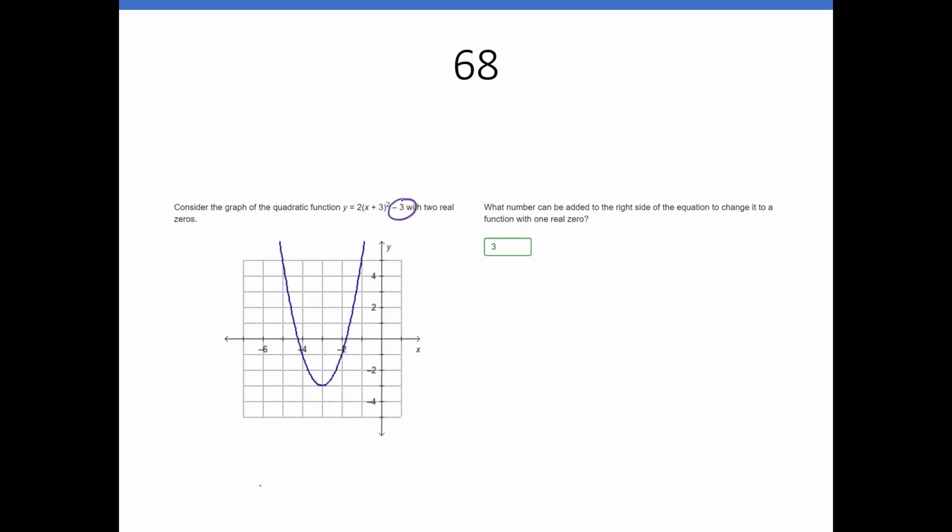You see the little tag along number right there, you guys? How do I get rid of that -3? Add 3 on both sides. So you have a 3, and that is your answer. It's just very simple. You don't have to do anything else.